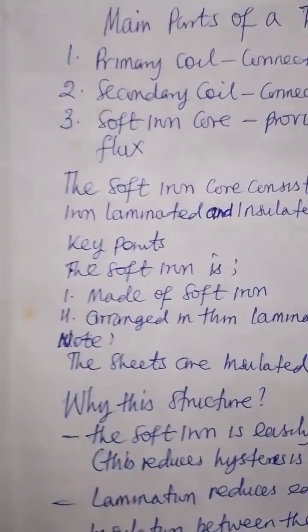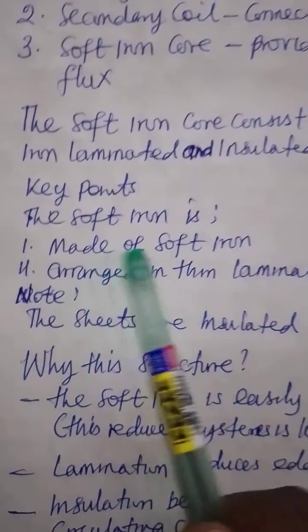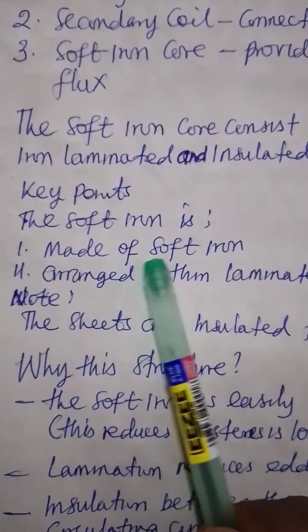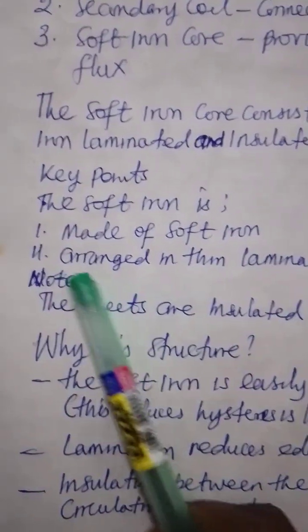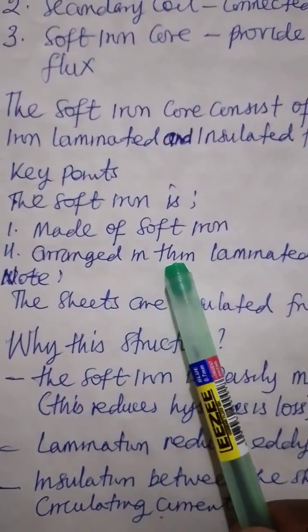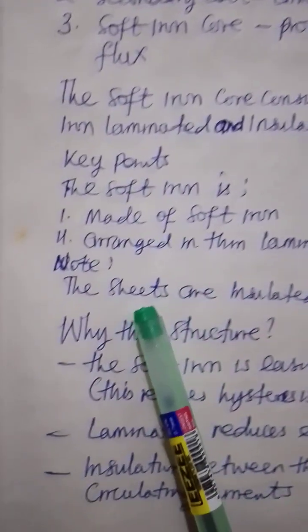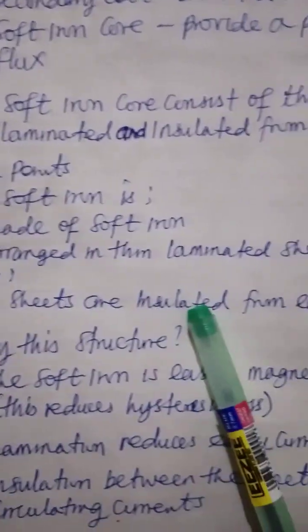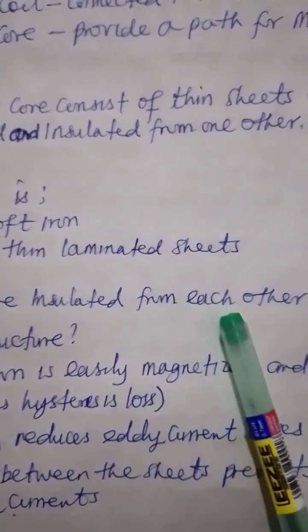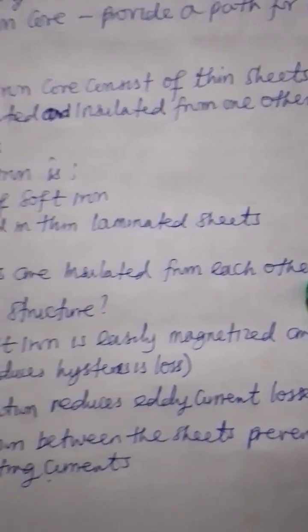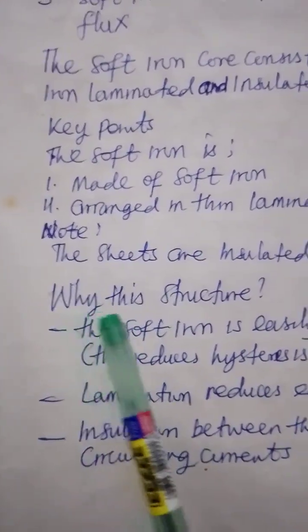Let's see the key points. The soft iron core is made of soft iron. Number 2, is arranged in thin laminated sheets. The sheets are insulated from each other. Why is it so?